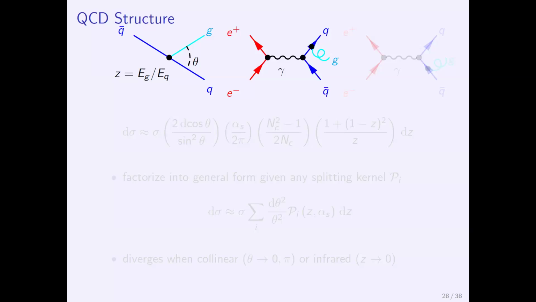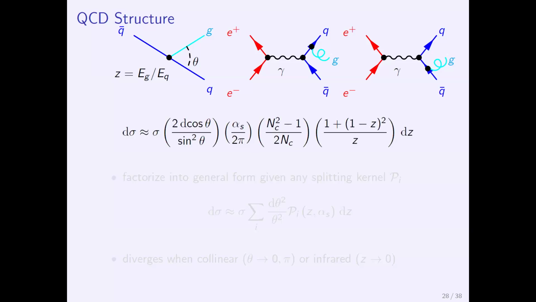So then we can say we have two diagrams for this. We have one where this gluon is coming off of this quark, and we can have another diagram where this gluon is coming off of this antiquark. And what we can do is we can write down the differential cross-section for this.